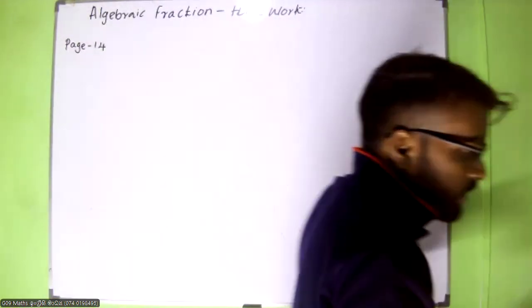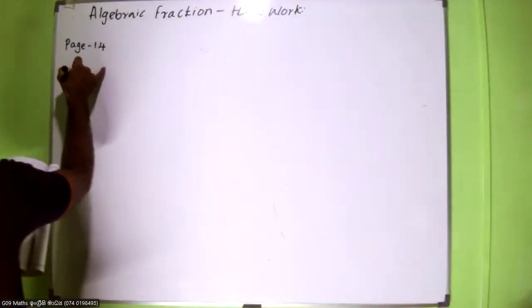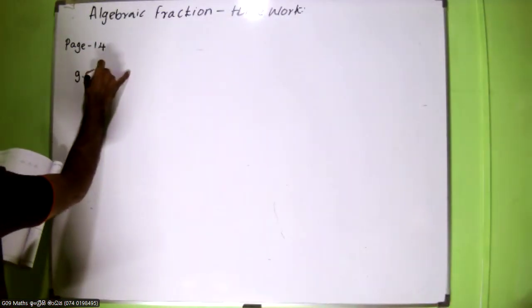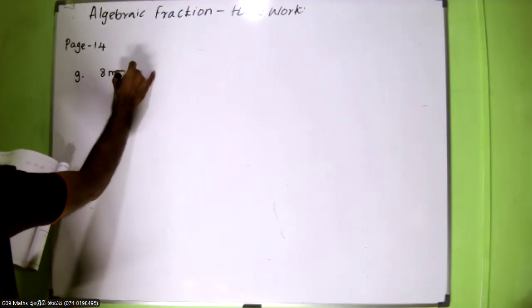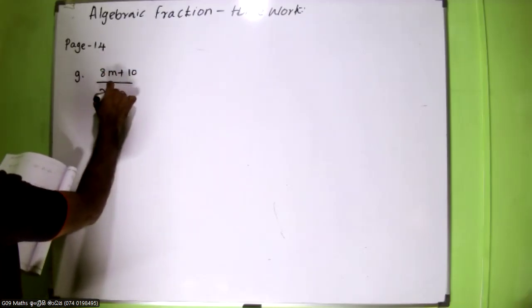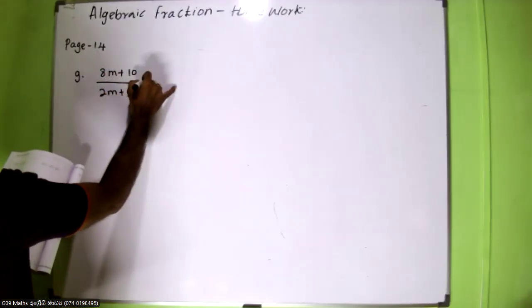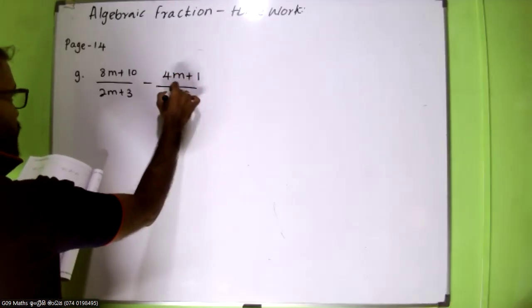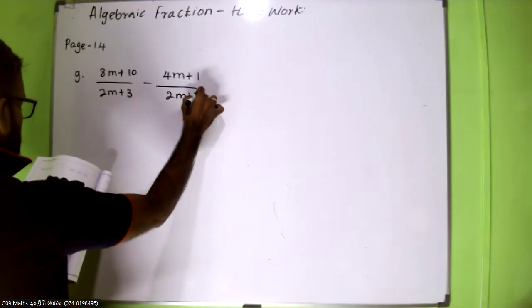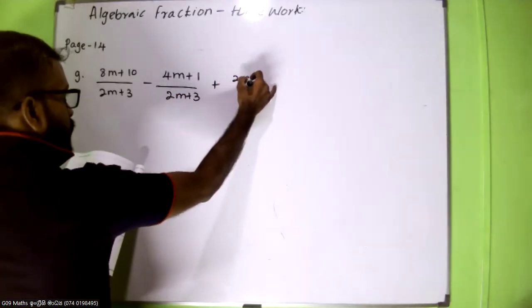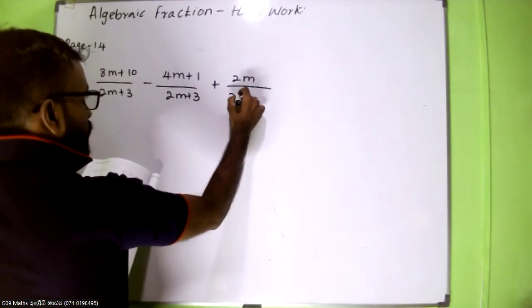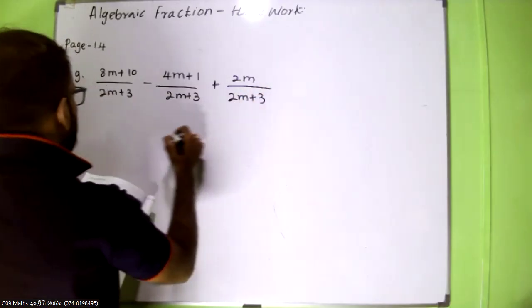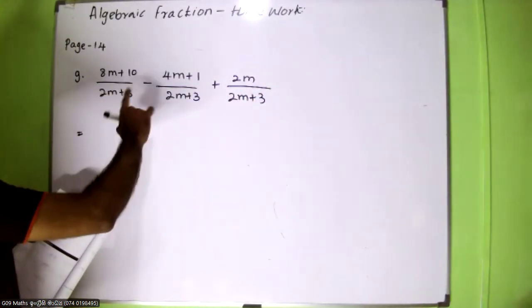Page number 14, part G. So (8m plus 10) divided by (2m plus 3), minus (4m plus 1) divided by (2m plus 3), plus 2m divided by (2m plus 3). So no need to worry about the denominators.